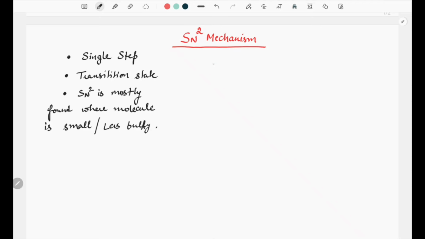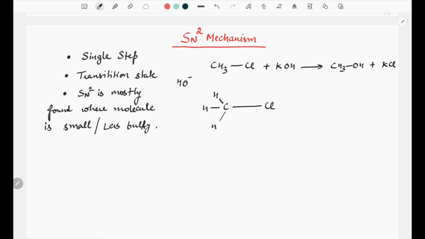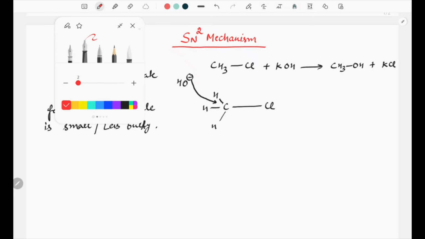For example, methyl chloride and KOH react to give methanol and KCl. What happens is this, that the nucleophile, which is hydroxide negative, attacks the carbon to which the leaving group is attached from the backside.